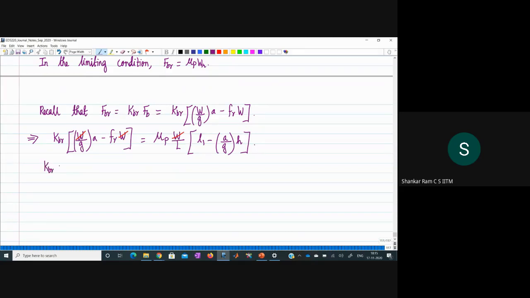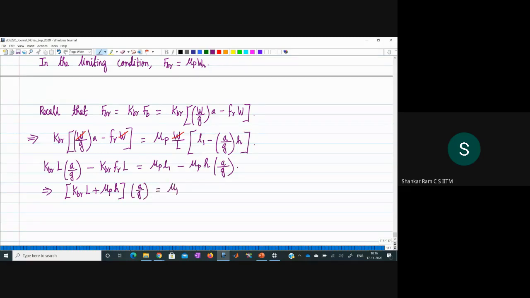So consequently, we have KBR times L multiplied by A by g, minus KBR FRL, equal to mu P times L1, once I have cross multiplied capital L, minus mu P H multiplied by A by g.